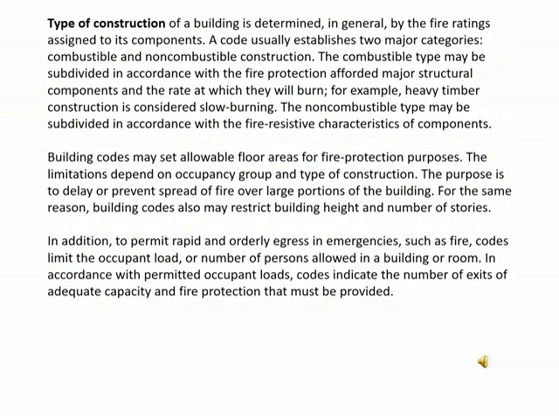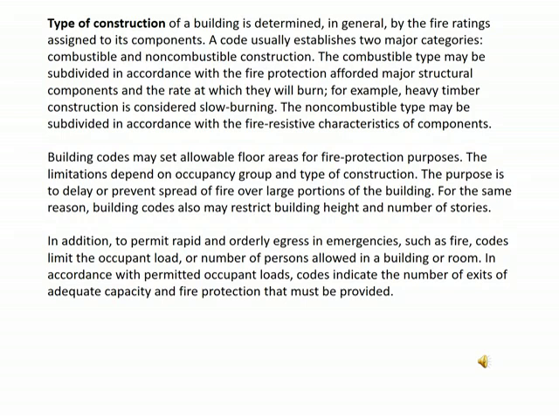A code usually establishes two major categories. The building code has two major categories, especially the fire rating, subdivided according to the fire protection for the major structural components and the rate at which they will burn. So in this case, how do they protect against fire and how do they prevent burning.